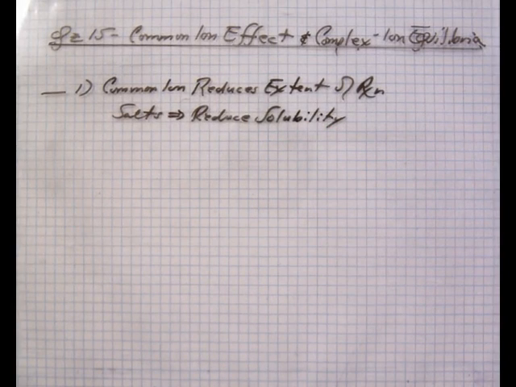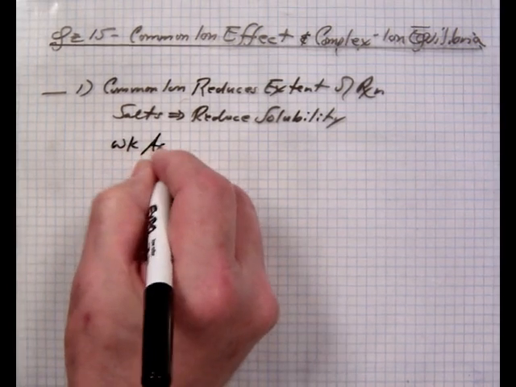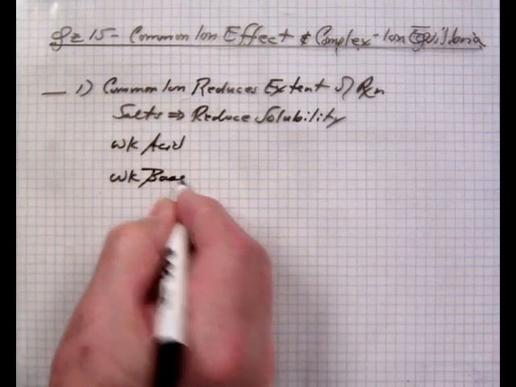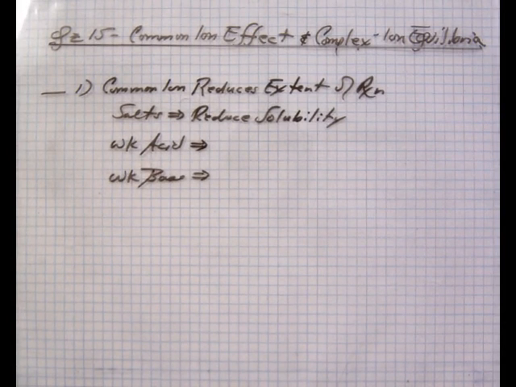And if you had a common ion with a weak acid or a weak base, what would that do? If I had a weak acid or a weak base, how would that affect the pH? If I had a weak acid, the normal pH would be lower or higher?